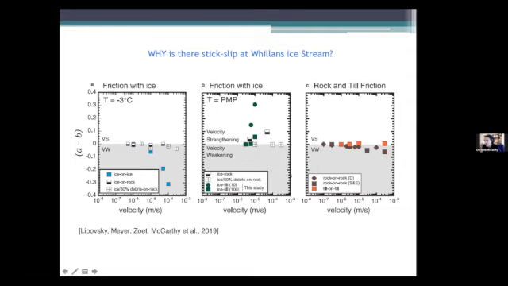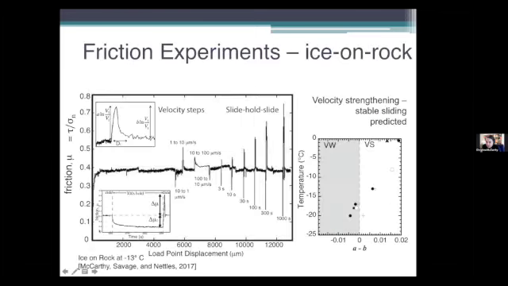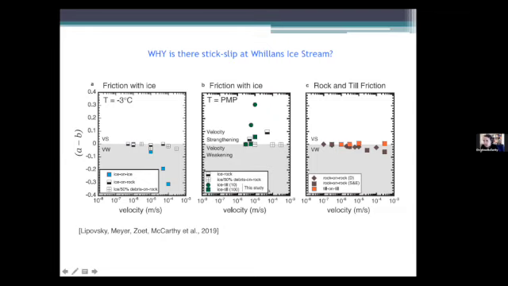What we're trying to find is the response in the gray block. And you can get it perhaps with rock sliding on rock at some conditions. And so this paper in particular was invoking that maybe embedded debris in the ice might do something like this.